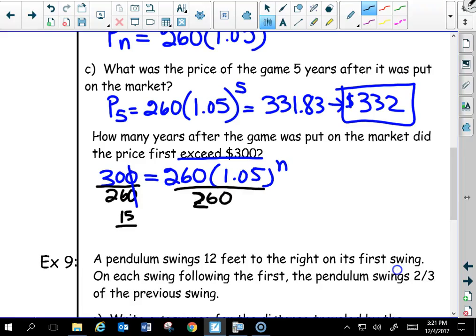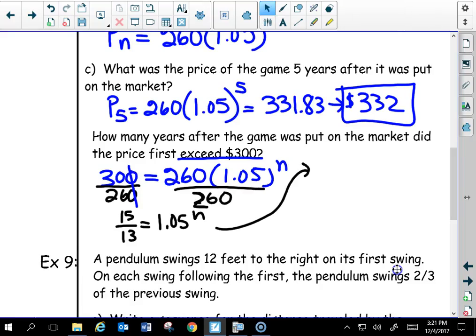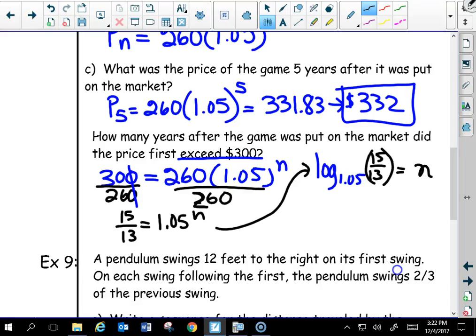So 15 divided by 13 is equal to 1.05 to the n, and now I'm going to apply a log to both sides. The log is the base of my exponent, so log base 1.05 of 15 over 13 is equal to n. Remember, if I apply a log base 1.05 to an exponent base 1.05, those both cancel each other out.